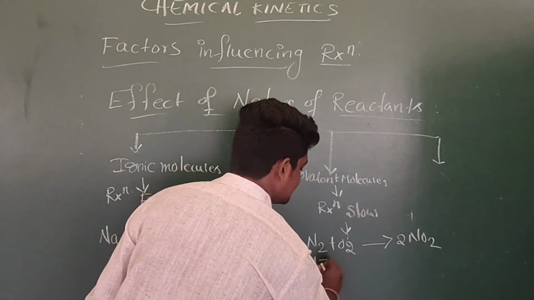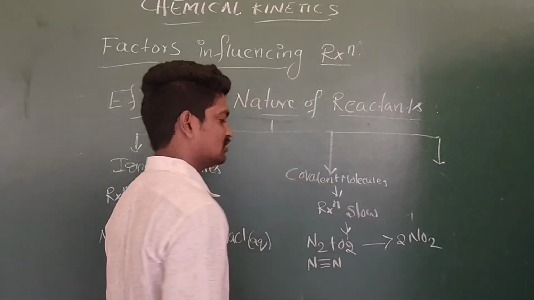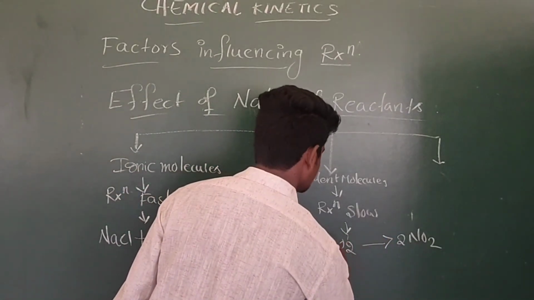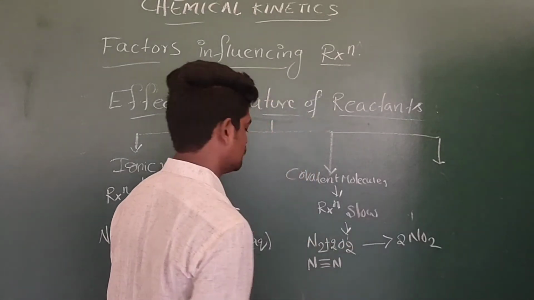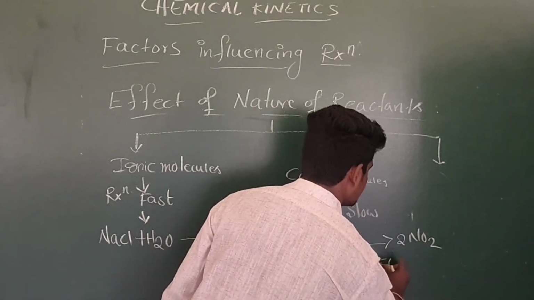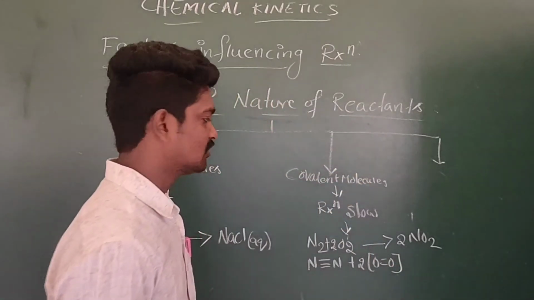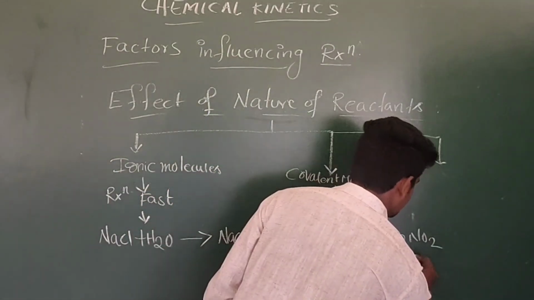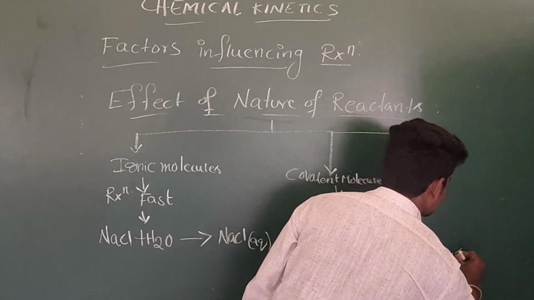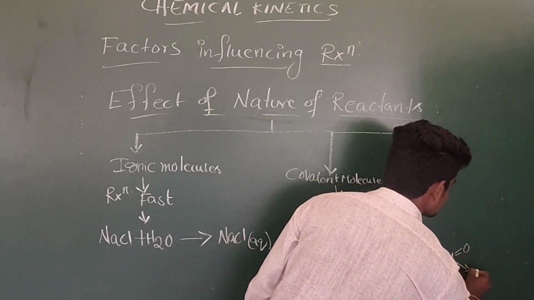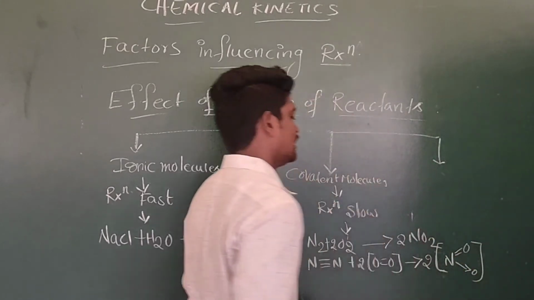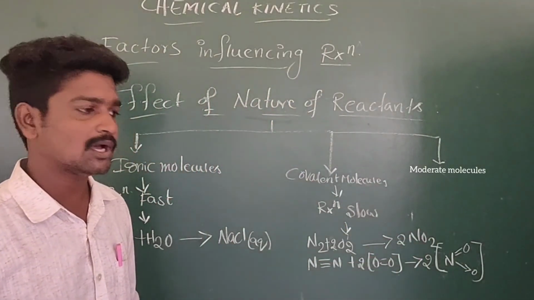N2 means N triple bond N. So we can balance the equation: N2 plus 2 O double bond O gives rise to 2 N double bond O. So NO2 is a covalent molecule.